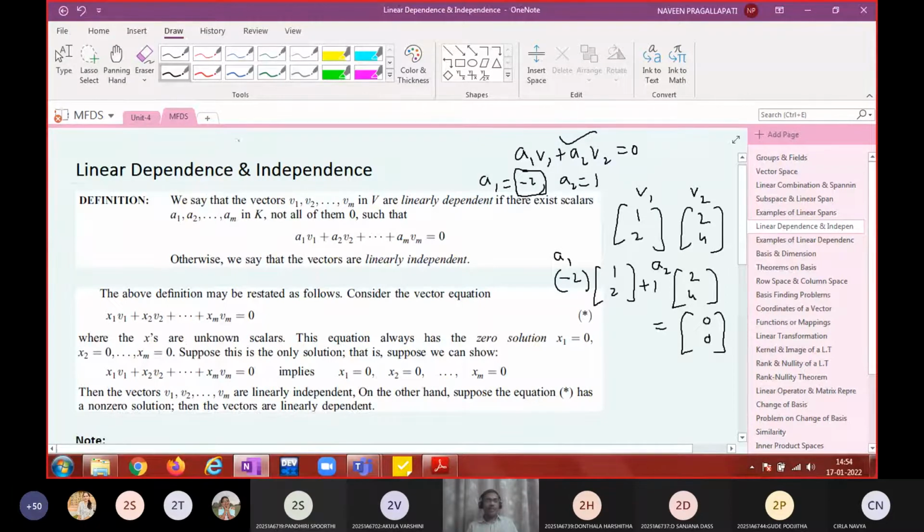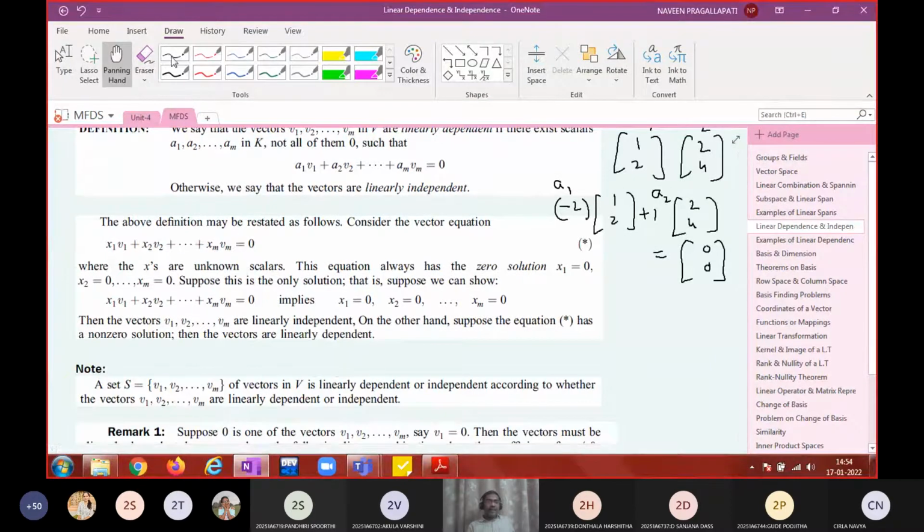The same concept holds for 3 vectors. If you want to say 3 vectors are linearly dependent, A1 V1 plus A2 V2 plus A3 V3 must be 0, such that at least one of A1, A2, A3 is non-zero. If that is the case, we say these 3 are linearly dependent, otherwise linearly independent. As we discussed earlier, if I take (1, 2) and, let us say, (0, 1), I cannot find 2 non-zero scalars such that the linear combination becomes 0.